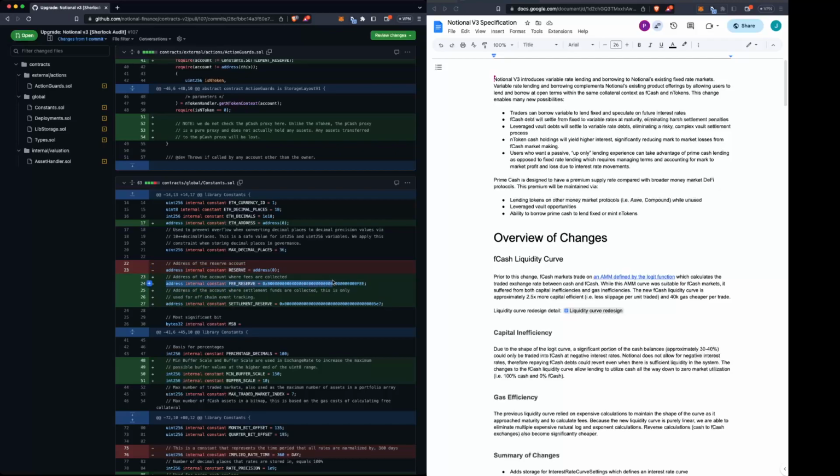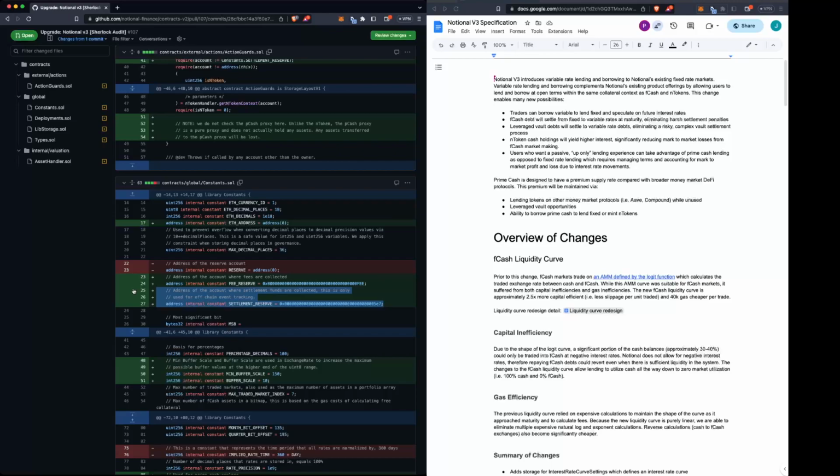However, because of the way we're going to start to emit events in order to record off-chain changes to the reserve, we've split the reserve into two different addresses. This one with fee, and then this one for the settlement reserve, which is going to be used for helping us do tracking accounting for fCash settlement off-chain.